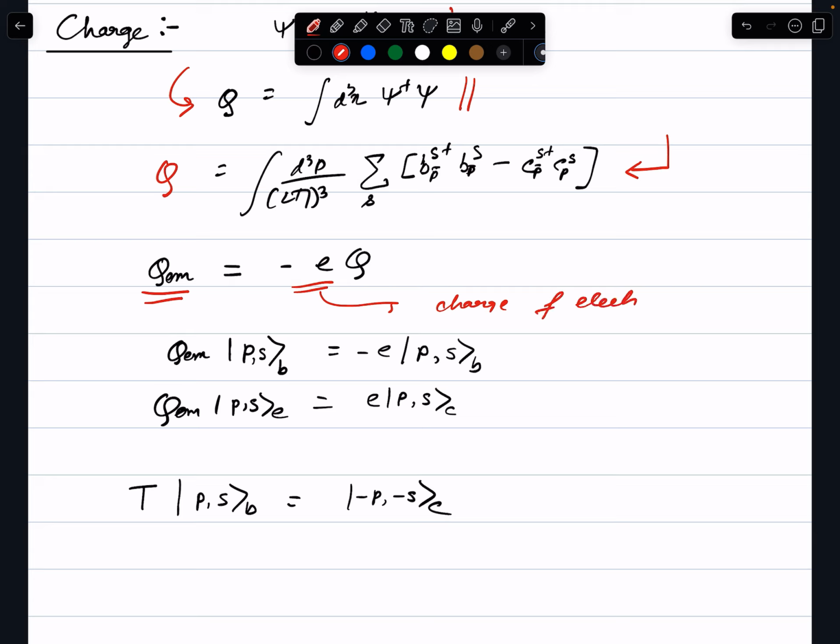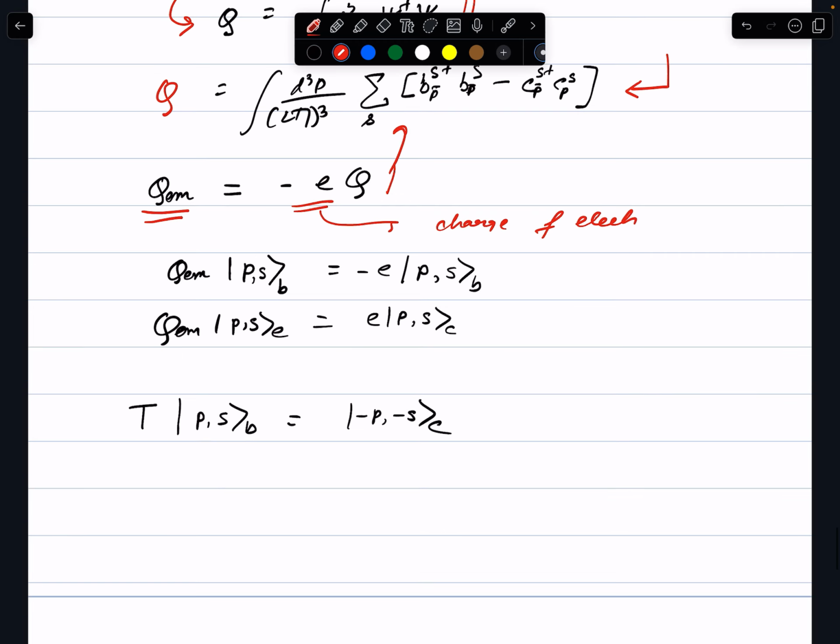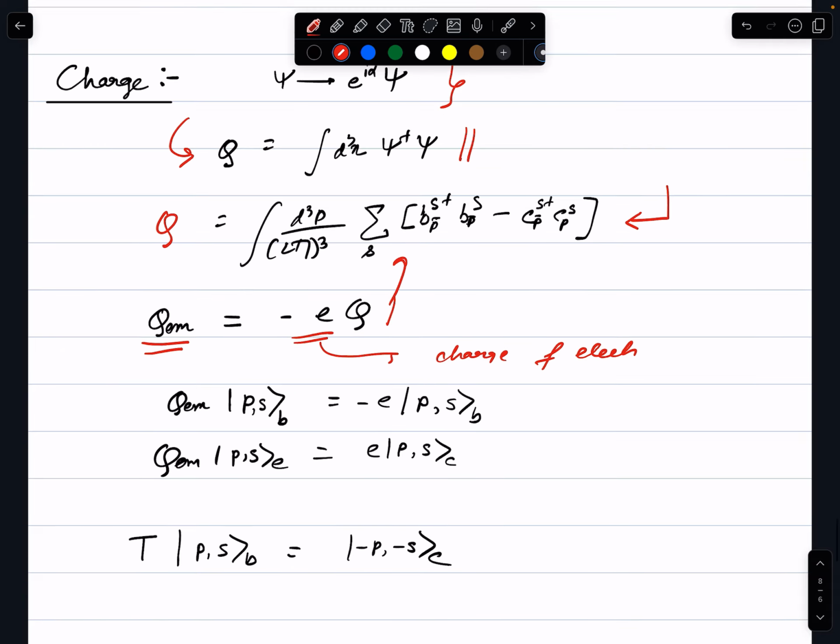Why? Because now if I have a B particle, the charge of the B particle is minus e, and the charge of the C particle is plus e. So what is this? I have a symmetry, and corresponding to the symmetry I have a conserved charge. I write the charge like this, and with this definition, the B particles will have plus 1 charge and the C particles will have minus 1 charge.